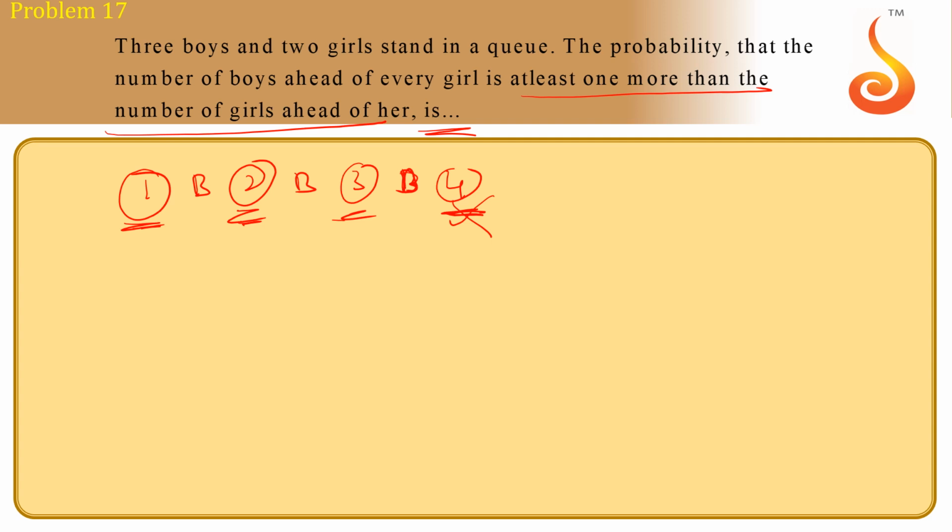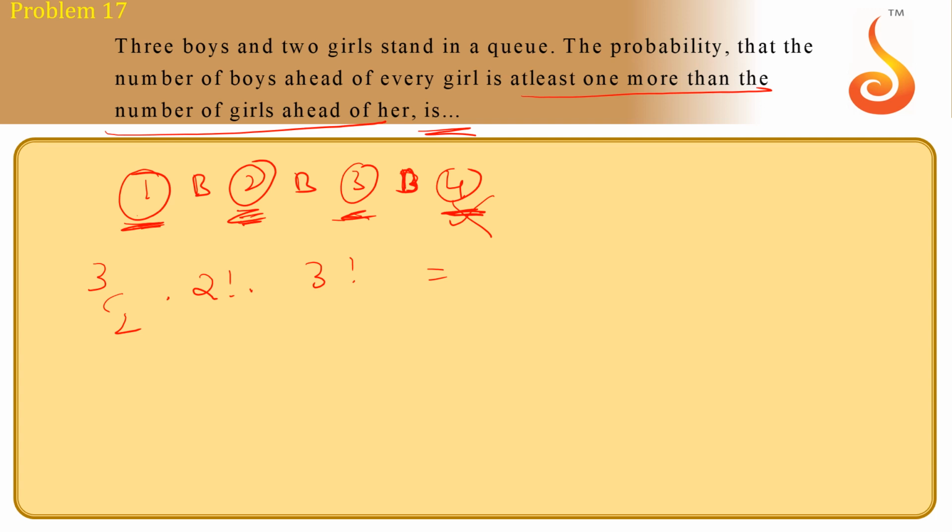Now the chances are, out of these 1 to 3 places, you select any 2 places and ask the 2 girls to go and sit there, 2 factorial ways, and 3 boys can be arranged in 3 factorial ways. Now observe, in that case, in first and second place, or first and third place, or second and third place, anywhere if you get the 2 girls, the condition is satisfied.